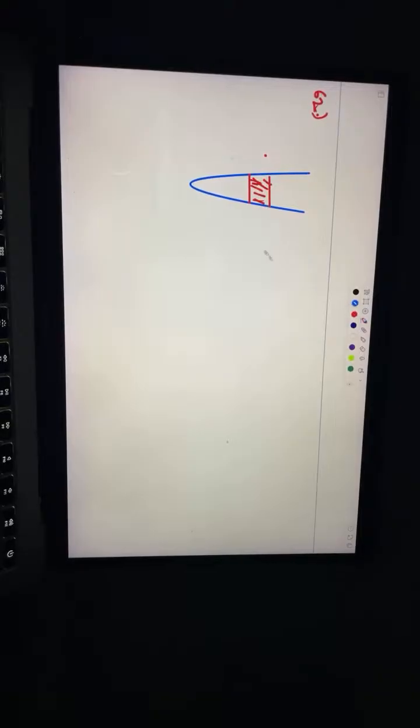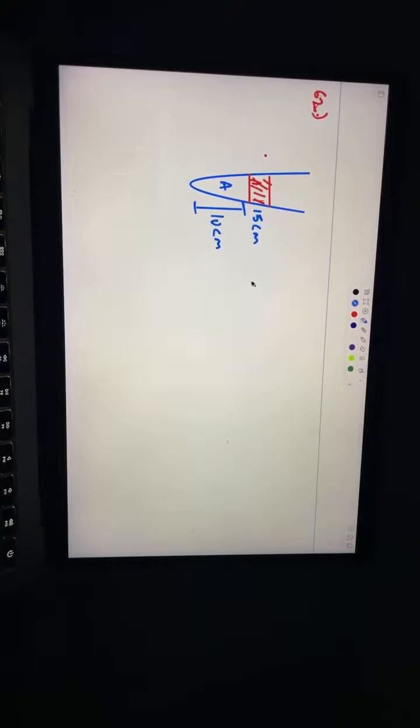We know that this mercury thread is 15 centimeters long. According to the information we're given, when it was held in this manner, the air column is 10 centimeters long. So this is where the air is.